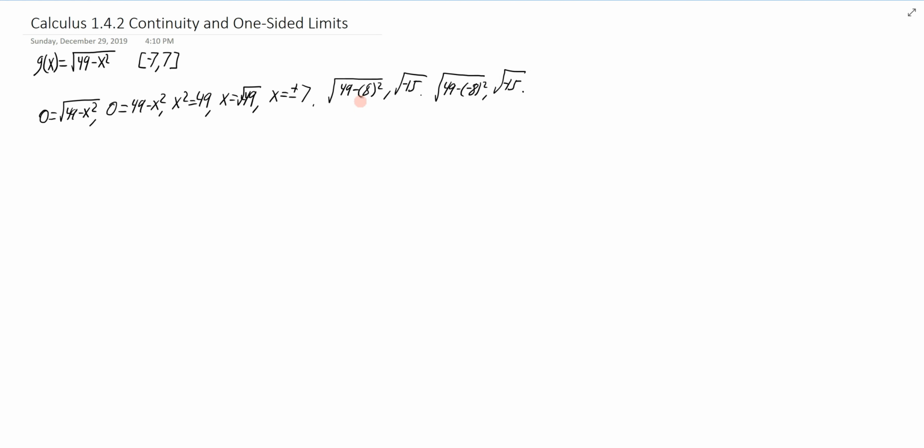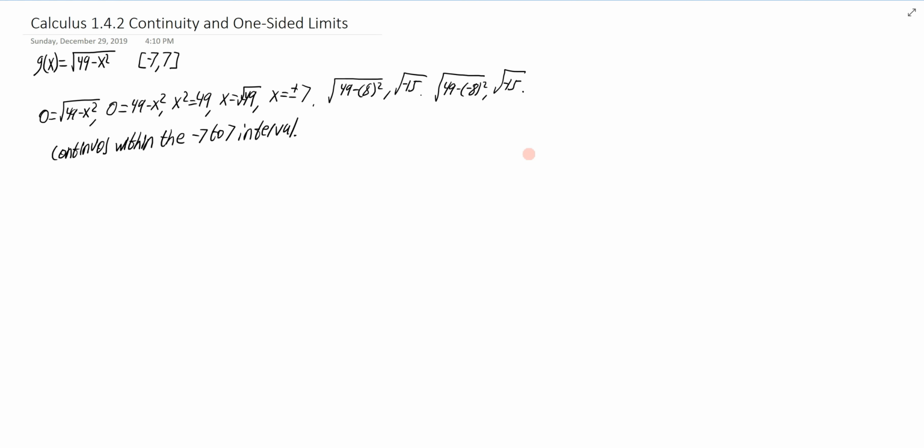So we can say for our answer here that we are continuous within the negative 7 to 7 interval. And that's all that we need to say. So there we go. We're continuous within the negative 7 to 7 interval.